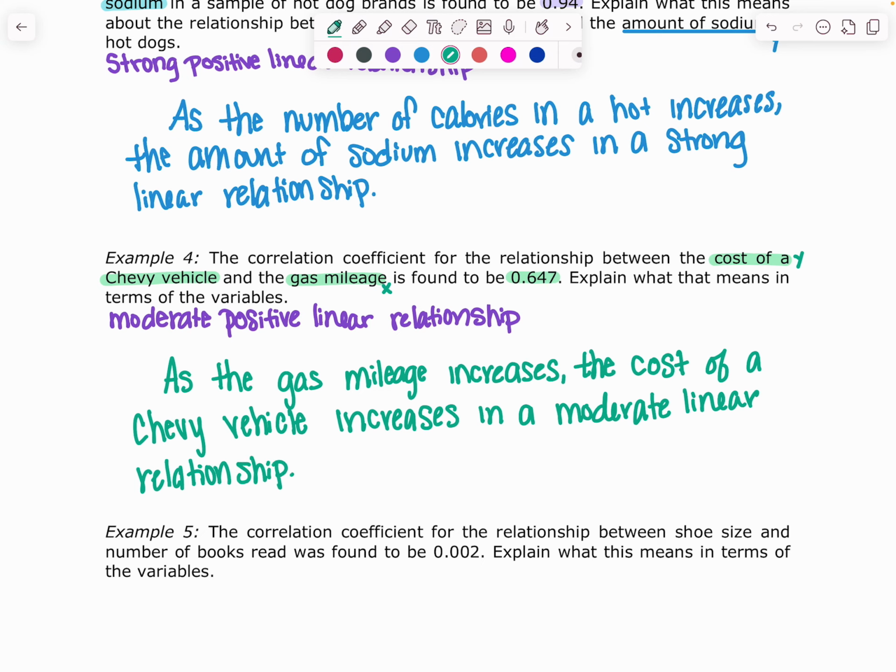So it's not a strong relationship, but it's moderate. So it's definitely linear, but we've got quite a few stray dots on that scatter plot.